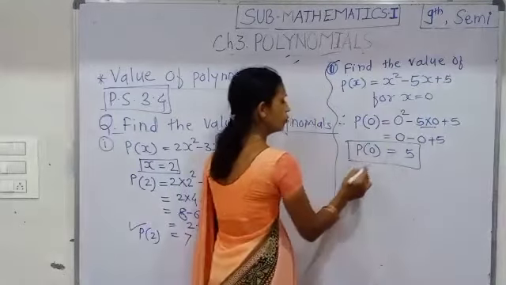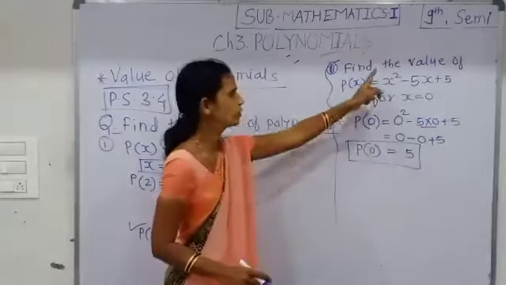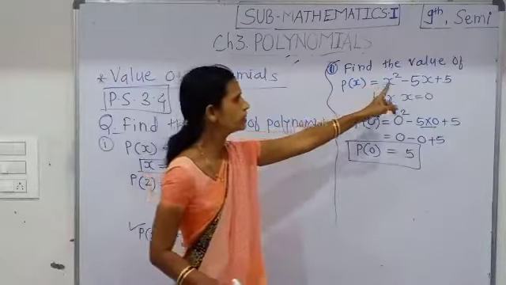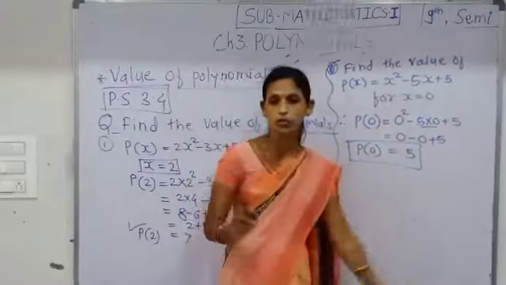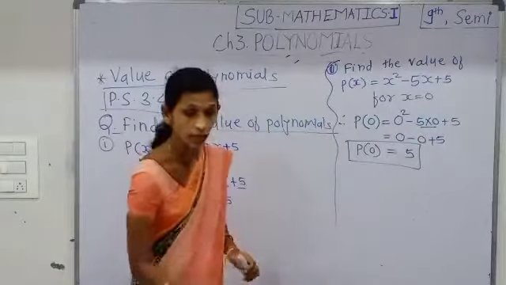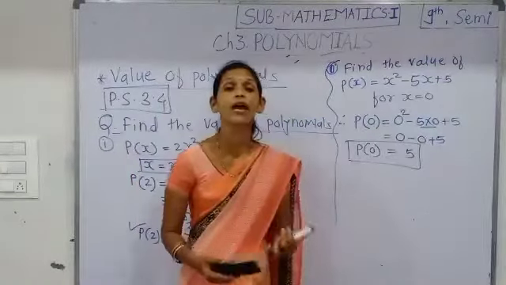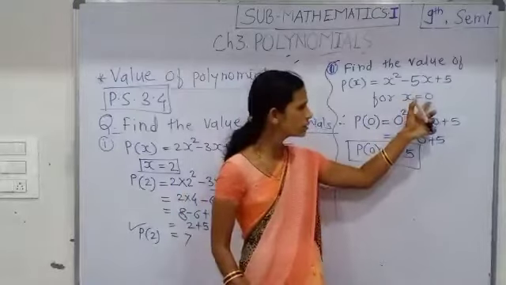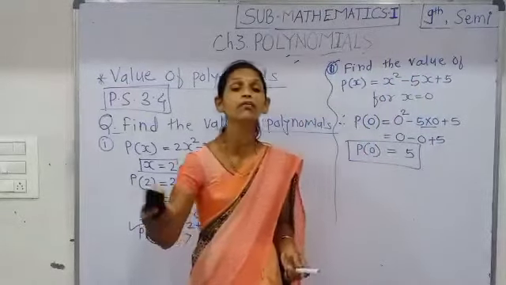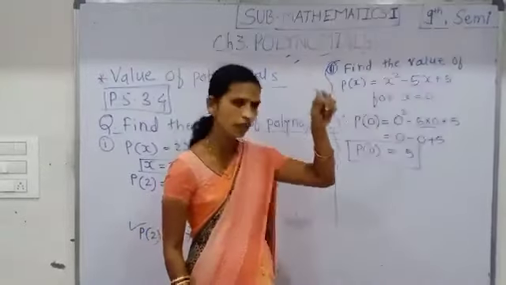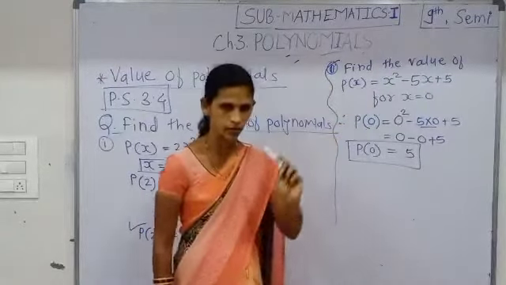Therefore 5 is the value of that polynomial, x square minus 5x plus 5, for x equal to 0. Then if we put another value for x in this equation, we will get another value of the polynomial for that given value of x.